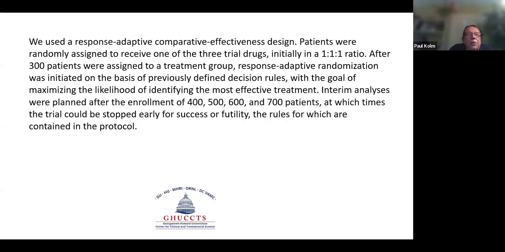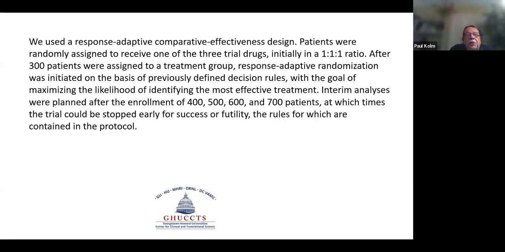So, as I mentioned, they used a response adaptive comparative effectiveness design. To begin with, patients were randomly assigned to receive one of the three trial drugs initially in equal ratios. So you start out with equal numbers in each group.